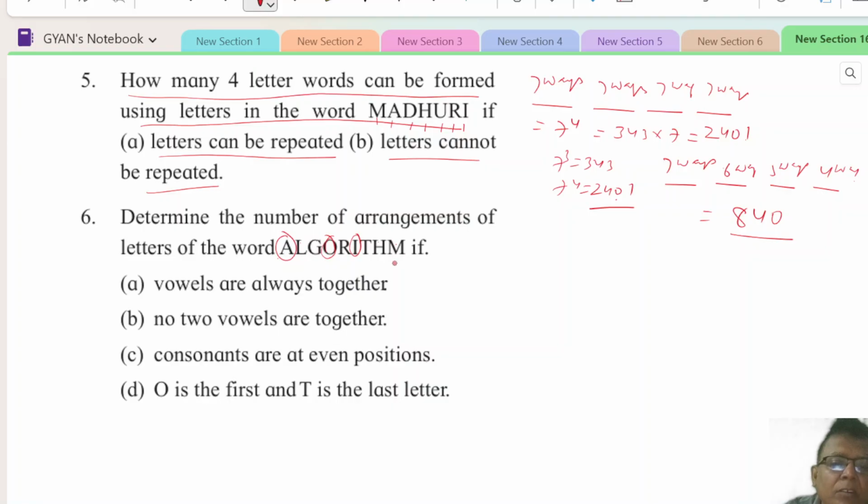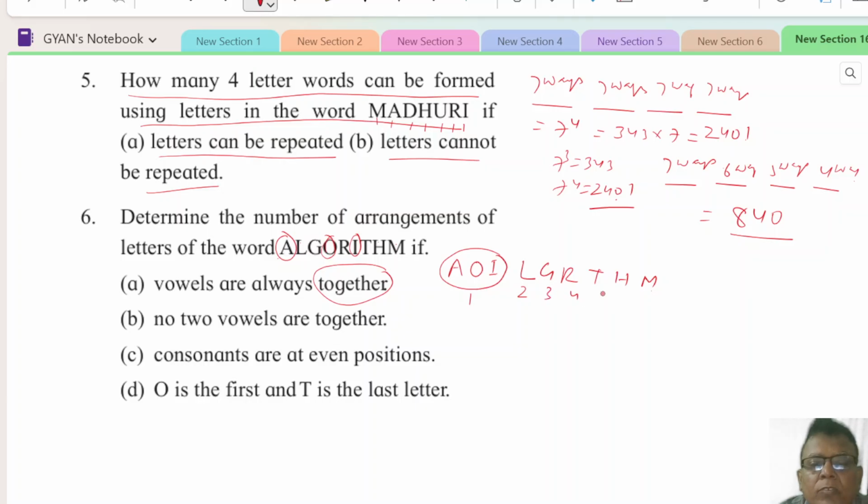So since the vowels are always together, what you have to do is make them all together one entity. Like A, O, I is one entity, and the remaining L, G, R, T, H, M are other entities. Then the total is 1, 2, 3, 4, 5, 6, 7.